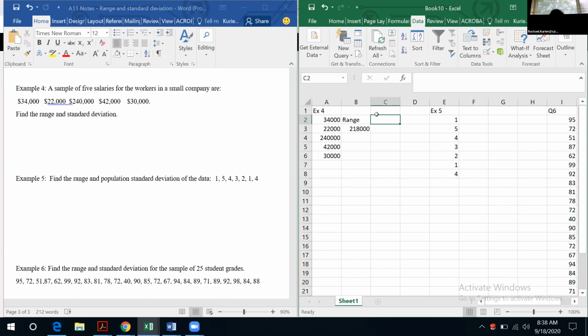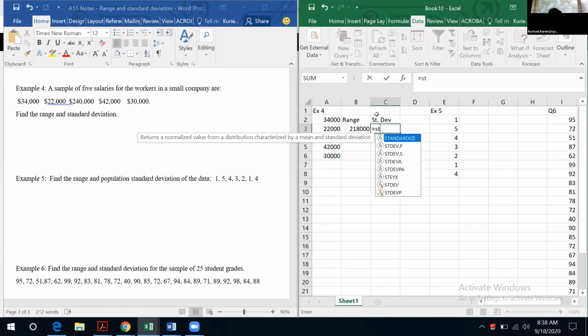All right, next one is standard deviation. And we're talking about just 5 salaries. Not everybody that works there, just 5 workers. So we're looking at the standard deviation for the sample. So you see the ST, that's standard deviation, DEV.S.